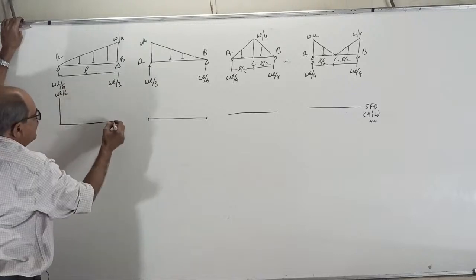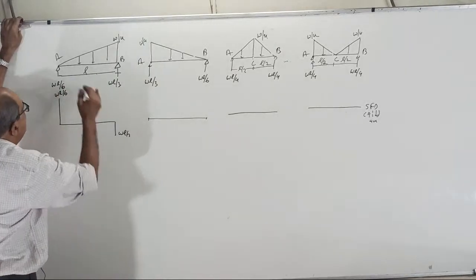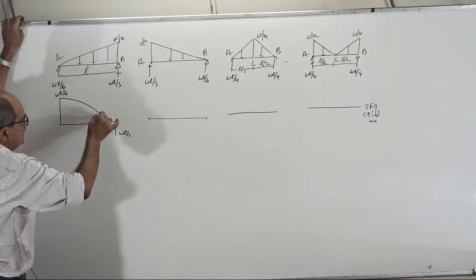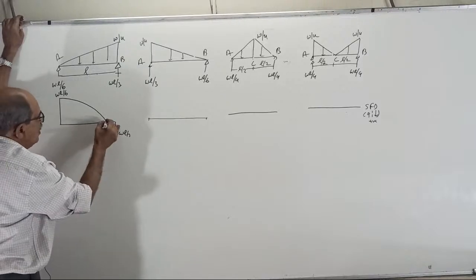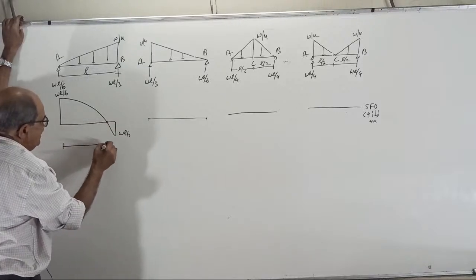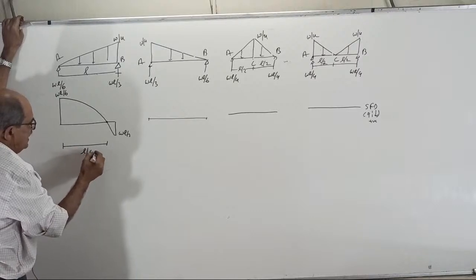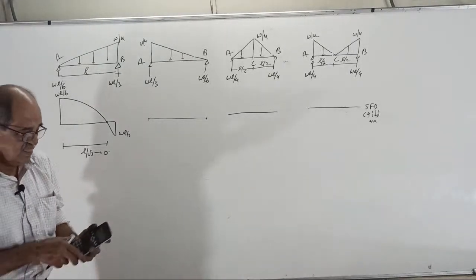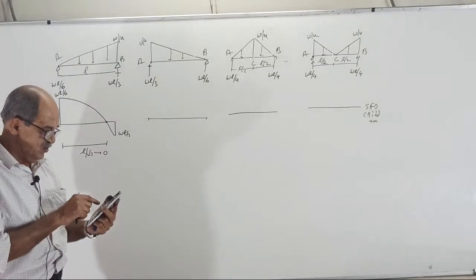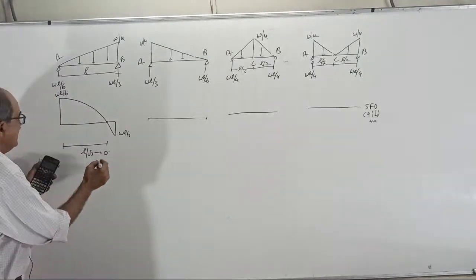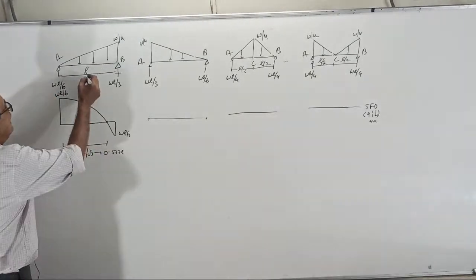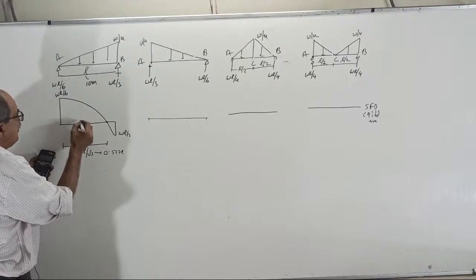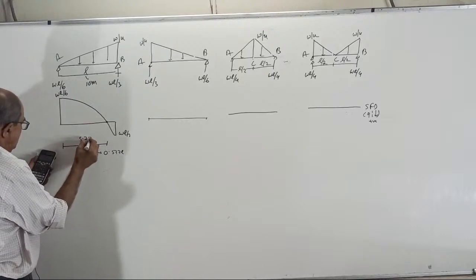WL by 6 here, WL by 3 here. And he said here slope is 0, here slope is maximum. He drew the shear force diagram like this. Then he calculated this distance from here to here and got L by root 3, that is 1 divided by root 3, which is 0.577 L. If the span is 10 meter, this distance is 5.7735 meter.